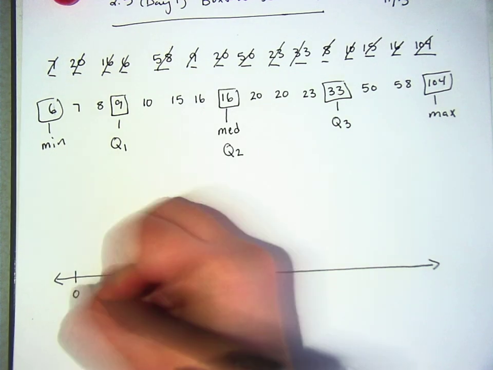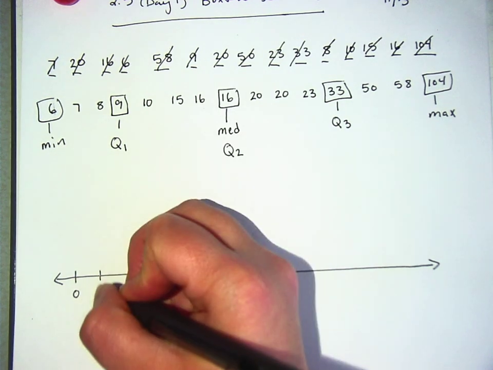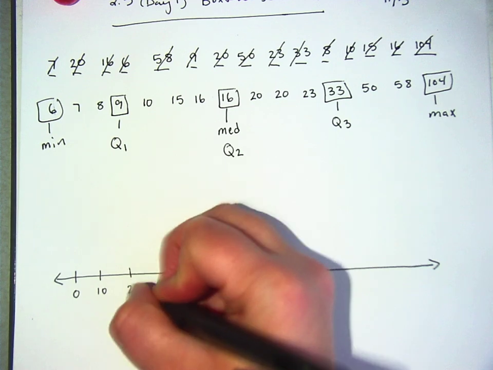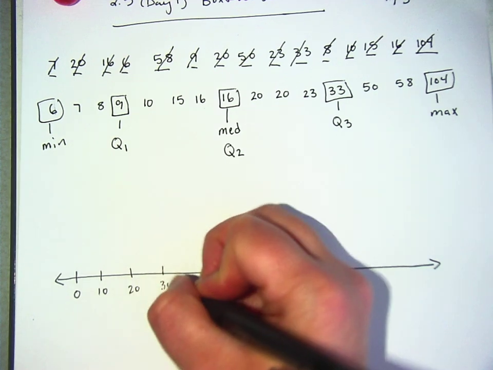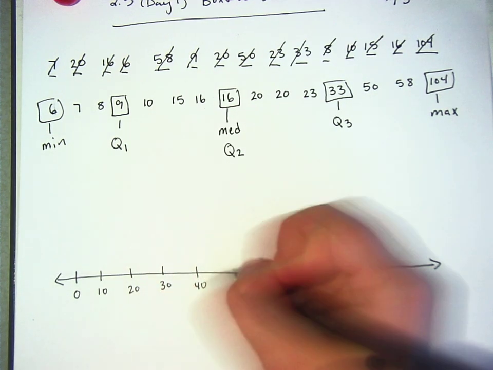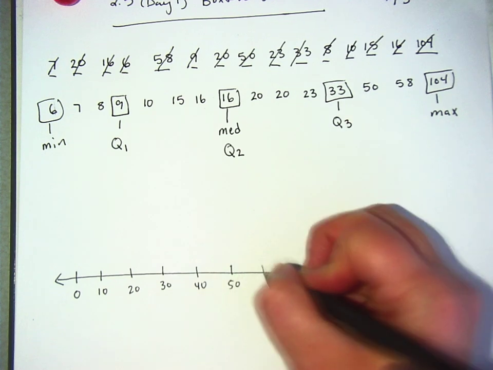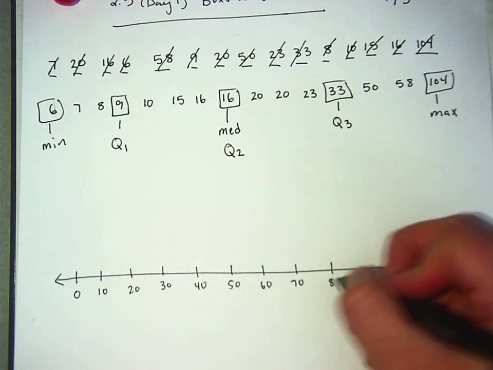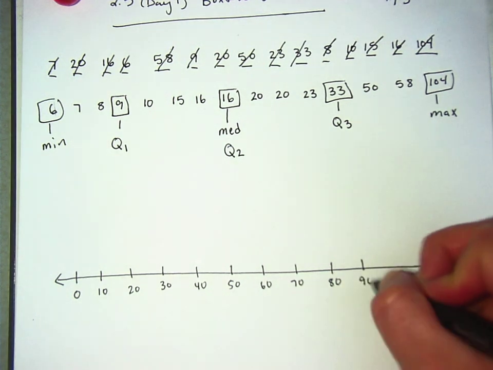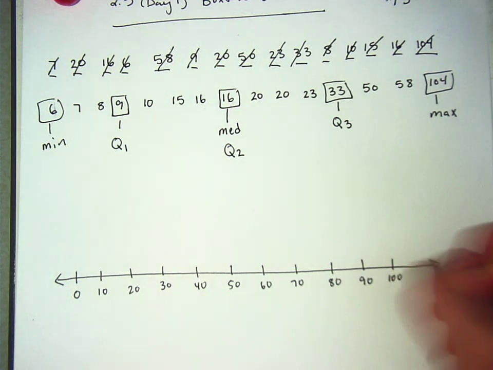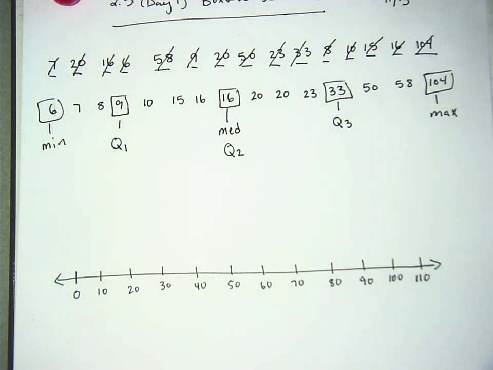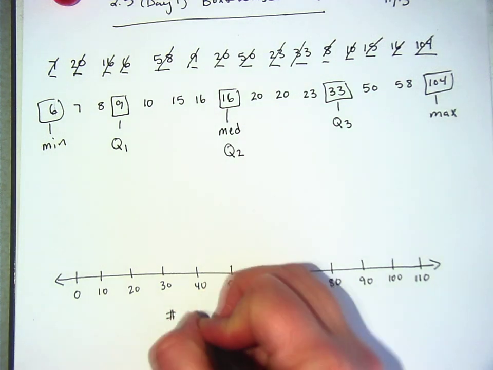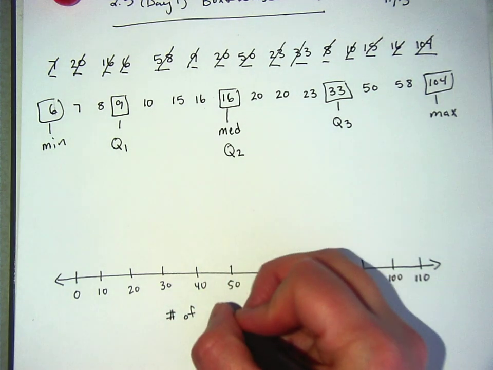So we're going to start with 0, 10, 20, 30, 40, 50, 60, 70, 80, 90, 100, and 110. I put a label under here, number of nuclear power plants.